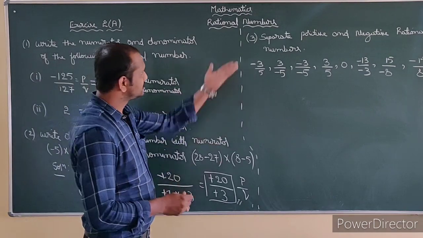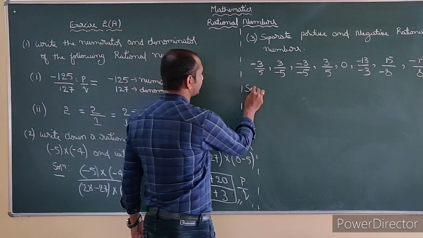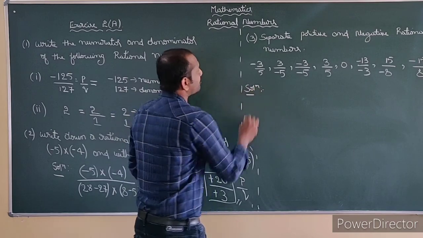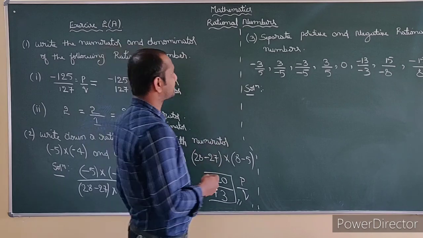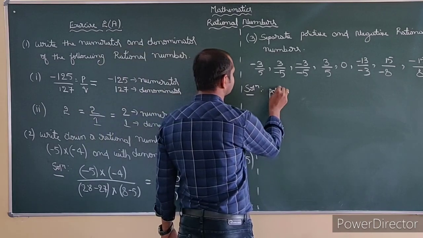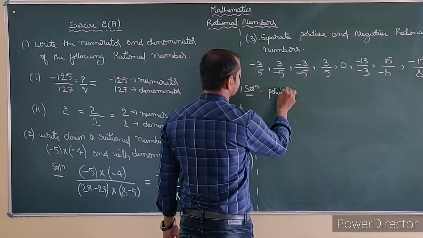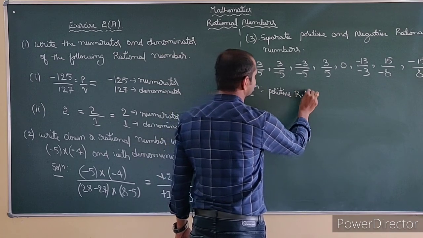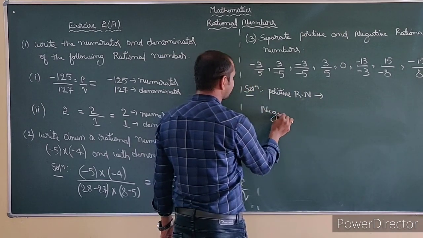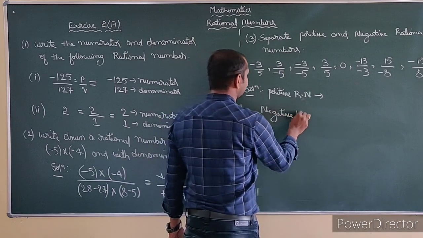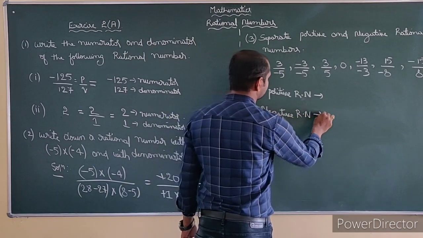Now let us see this. This we have already seen, what you mean by positive integers, positive rational numbers and negative rational numbers. Now let us separate. We have here positive rational numbers, just write Rn. So we have negative rational numbers.